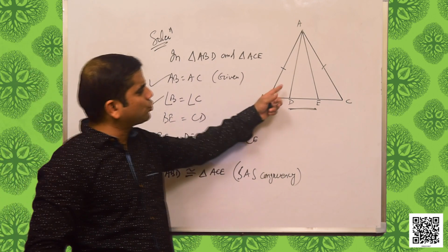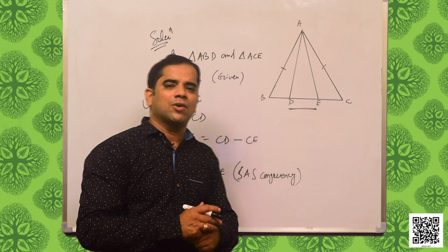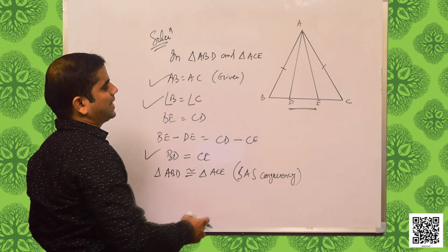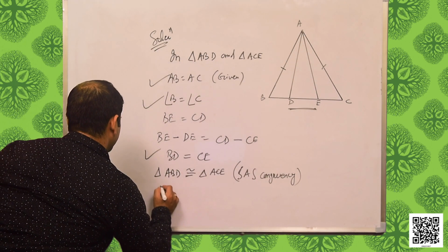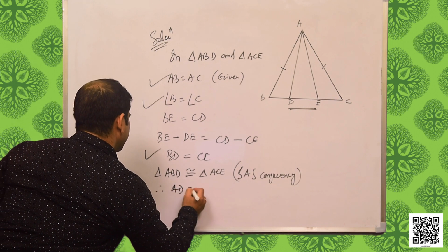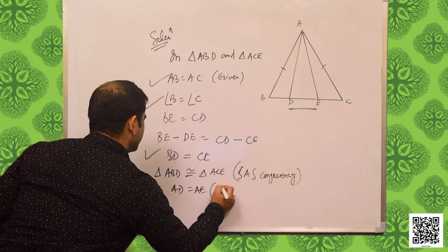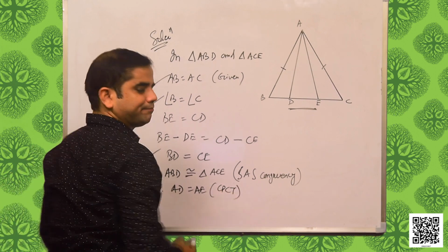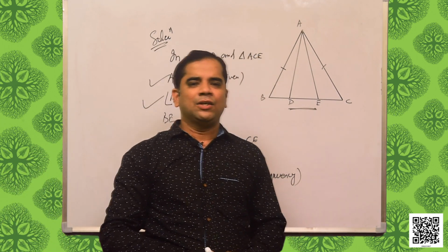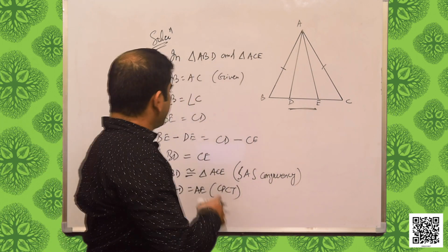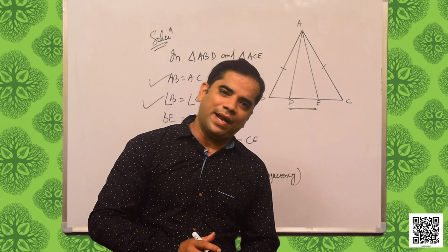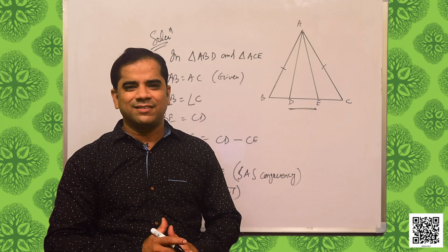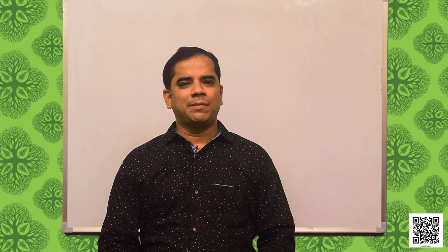As these two triangles are congruent, I can say that AD is equal to AE by CPCT. Fine. So, in this way we have proved that AD is equal to AE. Hope you have understood this. Okay. Now, let us go to exercise 7.2.